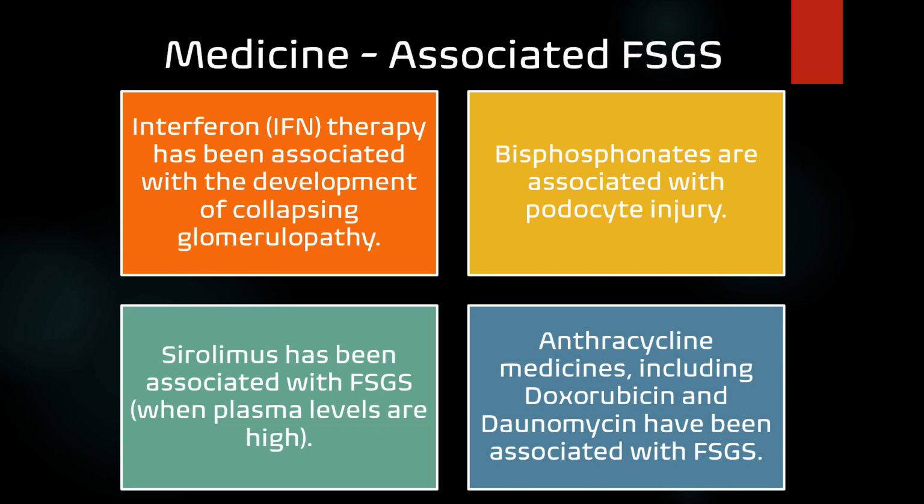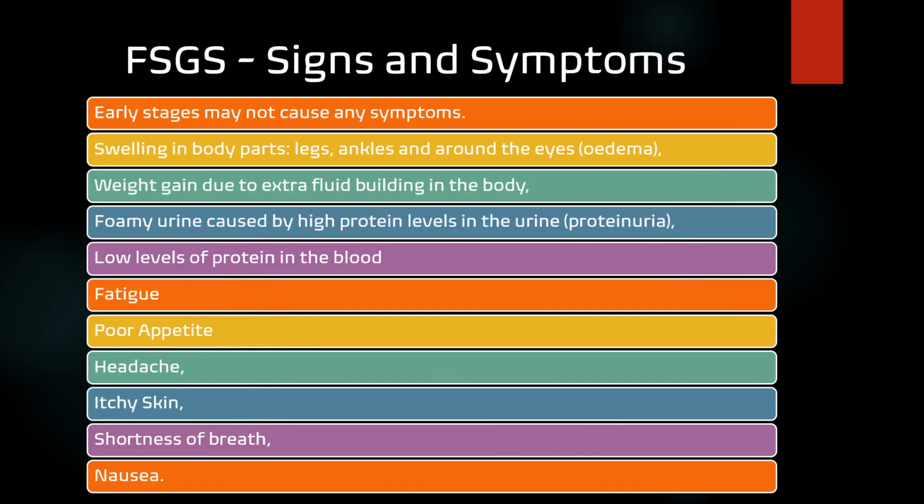Anthracycline medicines, including doxorubicin and daunomycin, have also been associated with FSGS.